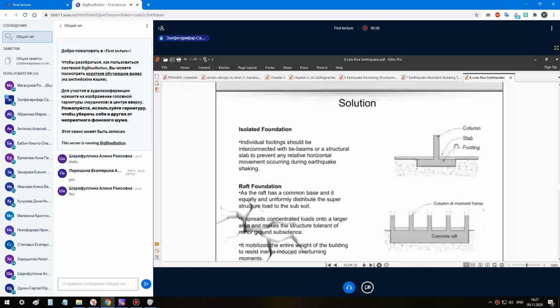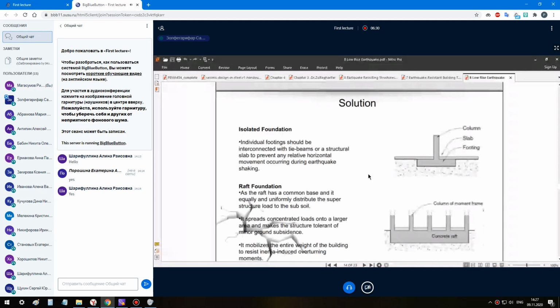Individual footings should be connected at times by a tie beam or a structural slab to prevent any relative horizontal movement occurring during earthquake shaking, as shown in this first shape, which shows the use of tie beams and a structural slab to prevent any relative horizontal movement occurring during an earthquake.